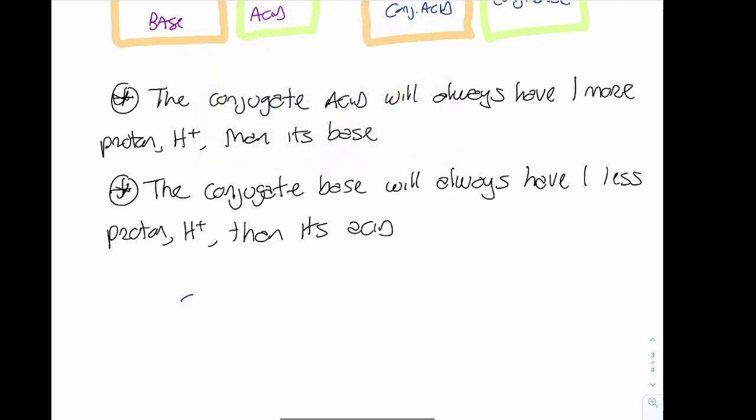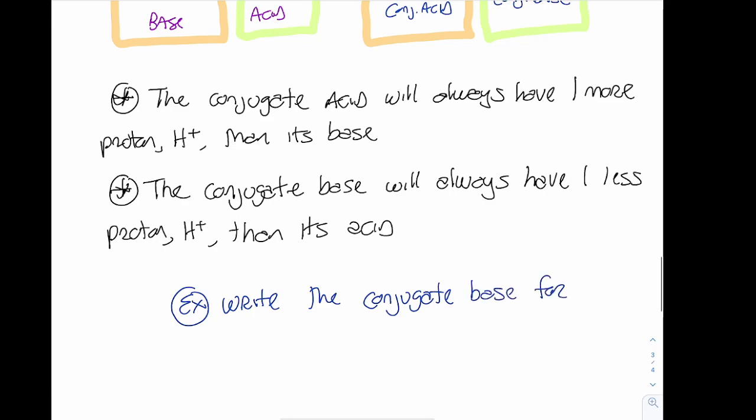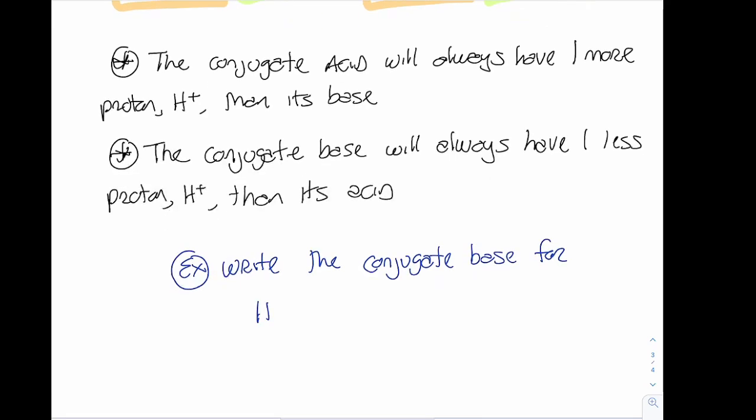So just an example, if I asked you to write the conjugate base for HCO3 minus, so bicarbonate ions.